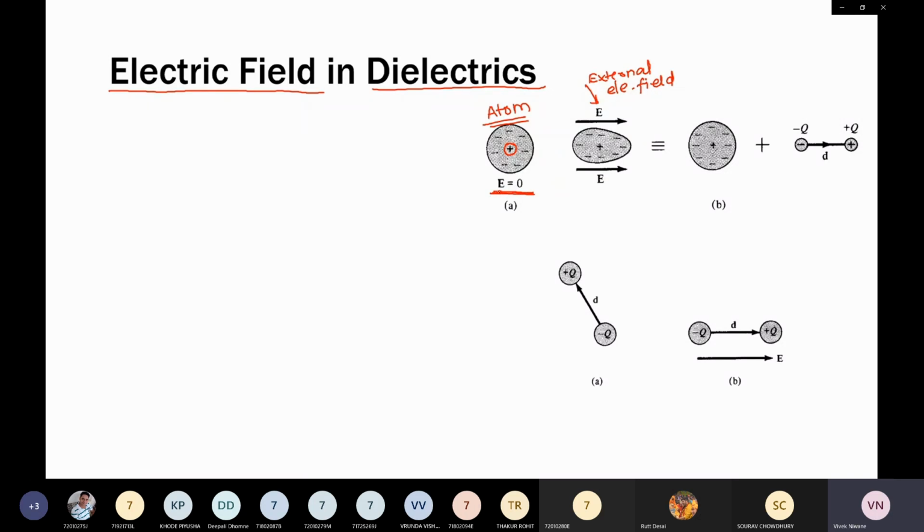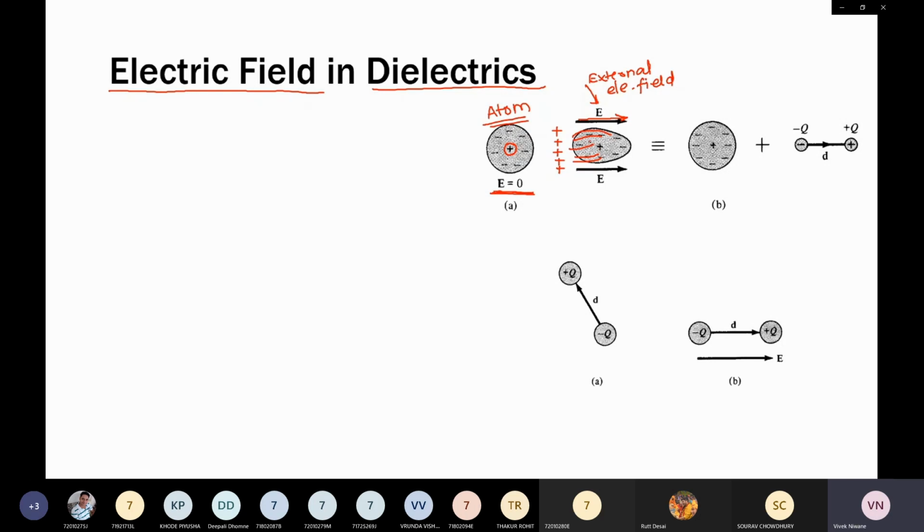So here we have assumed that if the external applied field is 0, then the atom exhibits symmetry. But as soon as we apply external electric field, there is some change in the shape of its electron cloud. Since we are assuming electric field is in this direction, some sort of positive terminal of the battery exists on the left hand side, and the electrons get attracted towards those positive charges, and the cloud is a little bit shifted.